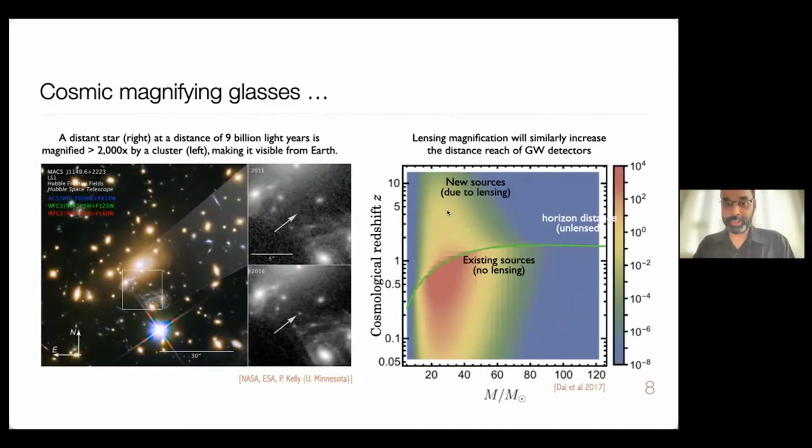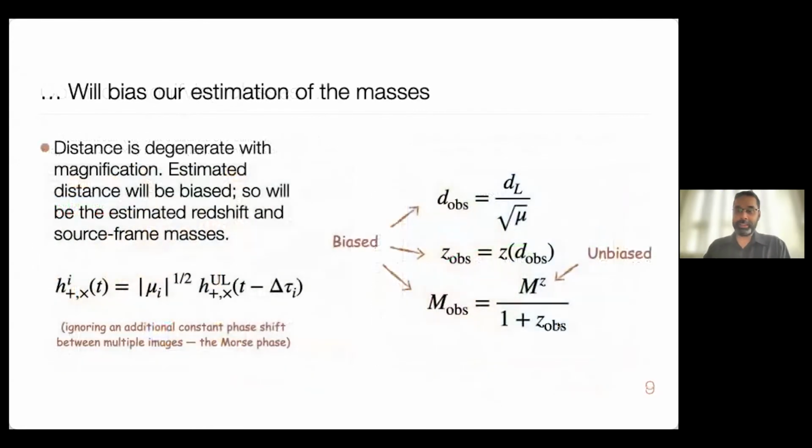This is a rare phenomenon, but it really enables us to detect some of the much larger distances because of this cosmic magnifying glass. And because of this lensing magnification, it can actually introduce some bias in the parameters that we extract from the observed signals. The reason is that the luminosity distance is completely degenerate with the lensing magnification.